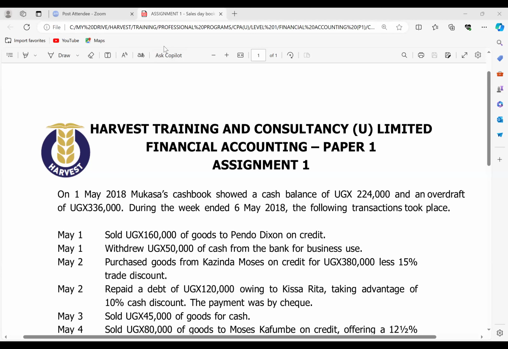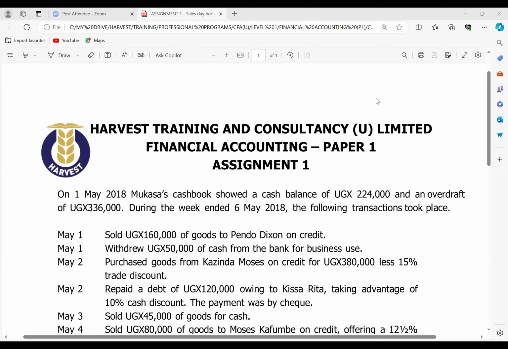And on the screen, we have our first activity that we are going to share. All of us shall read through. Then we shall be stating where the transactions are expected to be recorded. Okay, so let me begin by sharing the slide, accounting system and double entry, and then I share the assignment.